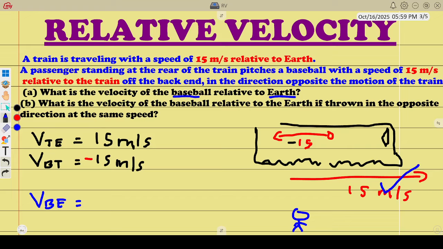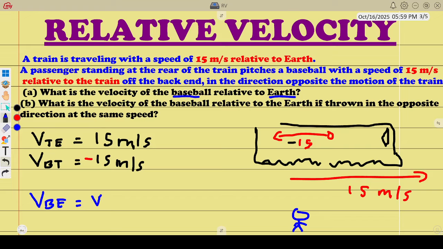He's able to see this speed because the train is moving, and he's also able to see this other speed because the ball is moving as well. So this person is seeing 2 speeds. Since he's seeing 2 speeds, the simplest way I can say is you just add the 2 speeds.